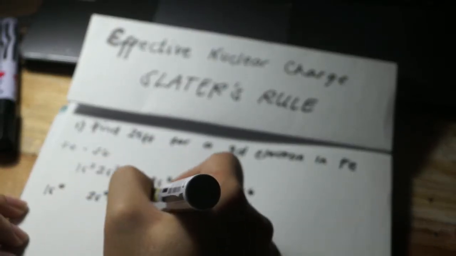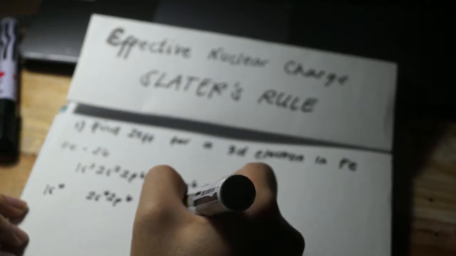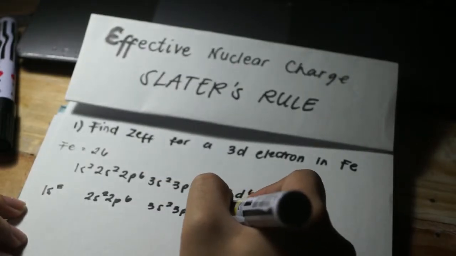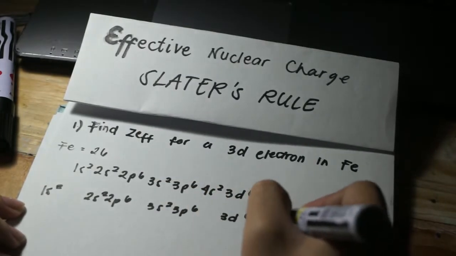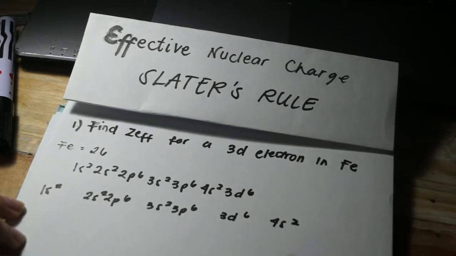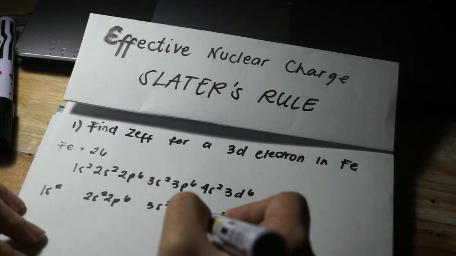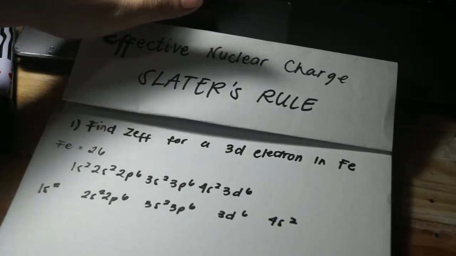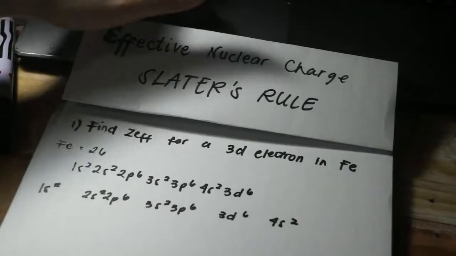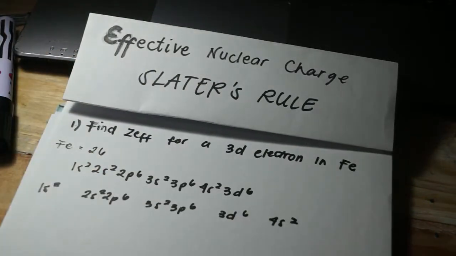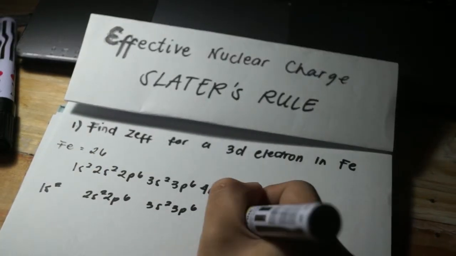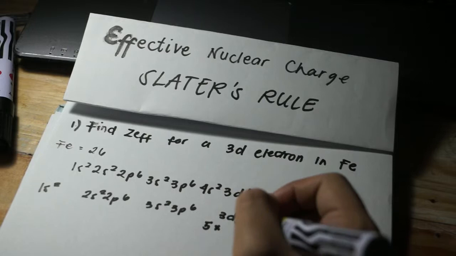Step 2. Rearrange from lowest to highest n. So the 4s2 and the 3d6 will interchange, but that is only for the purpose of Slater's rule. And then group S and P, and everything else is separate, as you can see in the example.